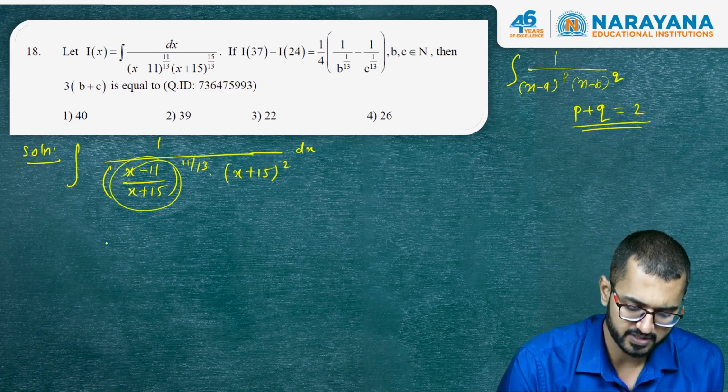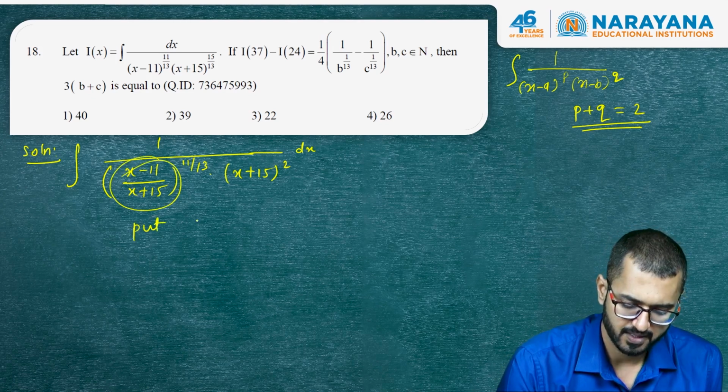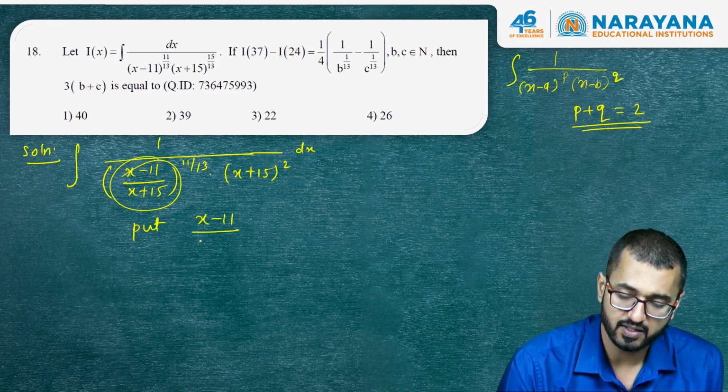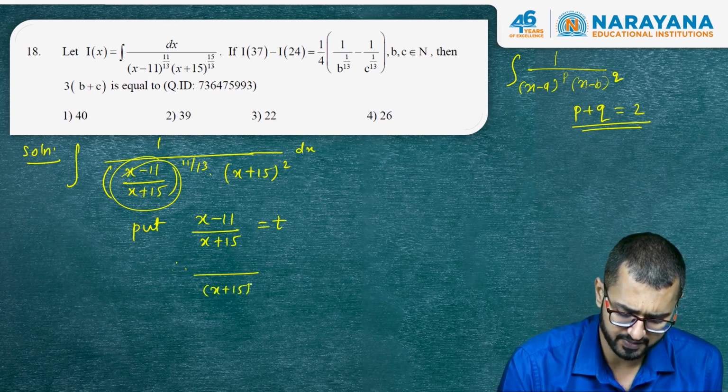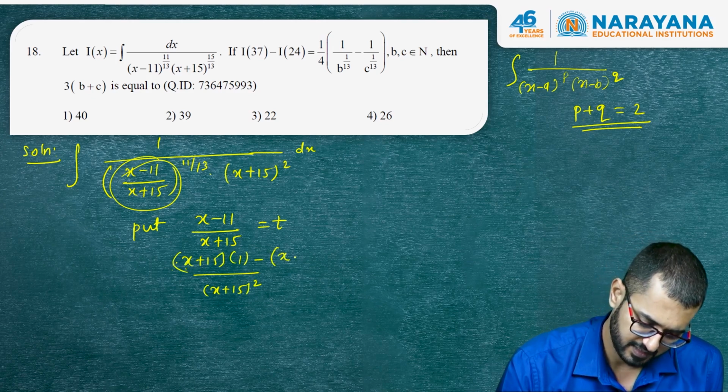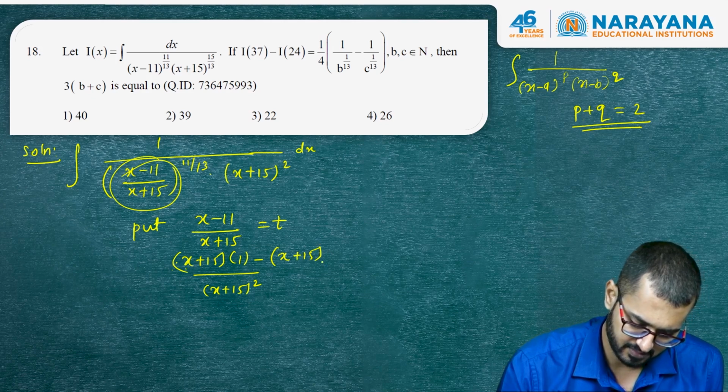Now we can simply put this as t. So you can put (x minus 11) over (x plus 15) is equal to t. So we have the derivative, and derivative becomes (x plus 15) square, and here it will become (x plus 15) itself. Derivative is 1, minus (x plus 15) will remain as it is, and derivative here will become (x minus 11) will be here.